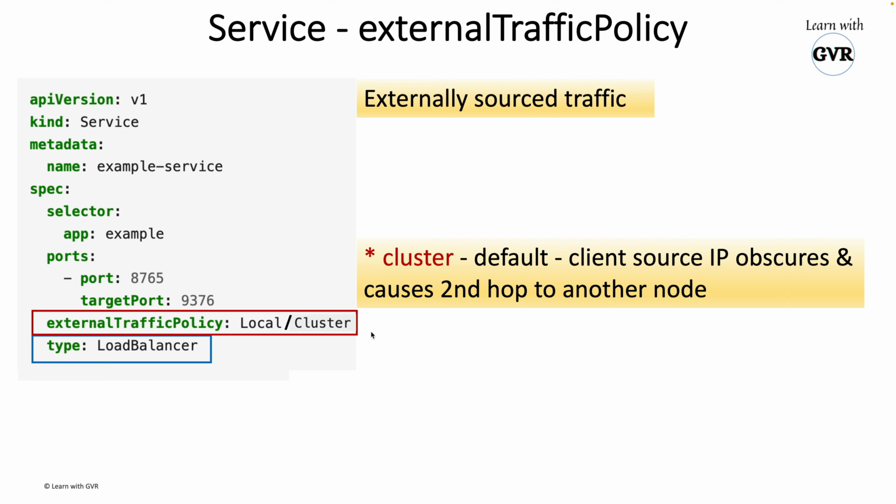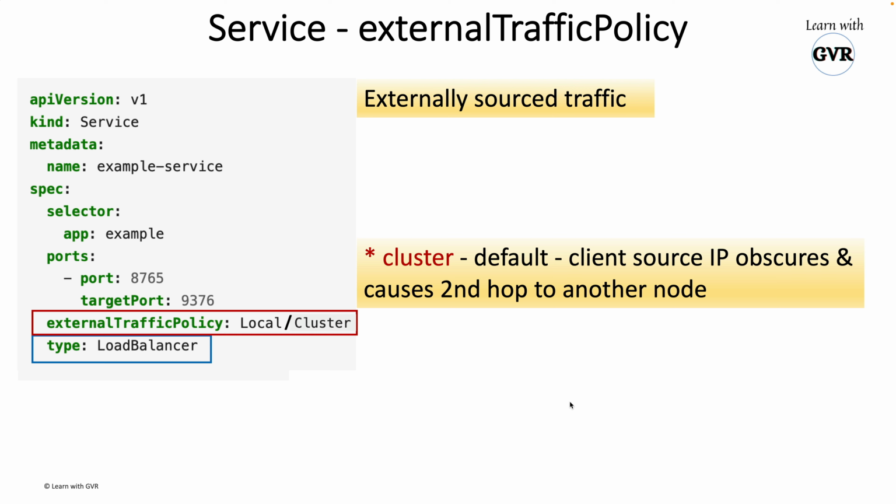Means you hit from somewhere in the US to one server running in Singapore, right? So the traffic will go to the server, the cluster, service, pods and containers, the full round trip, and the client source IP address is obscured, which causes the entire round trip.